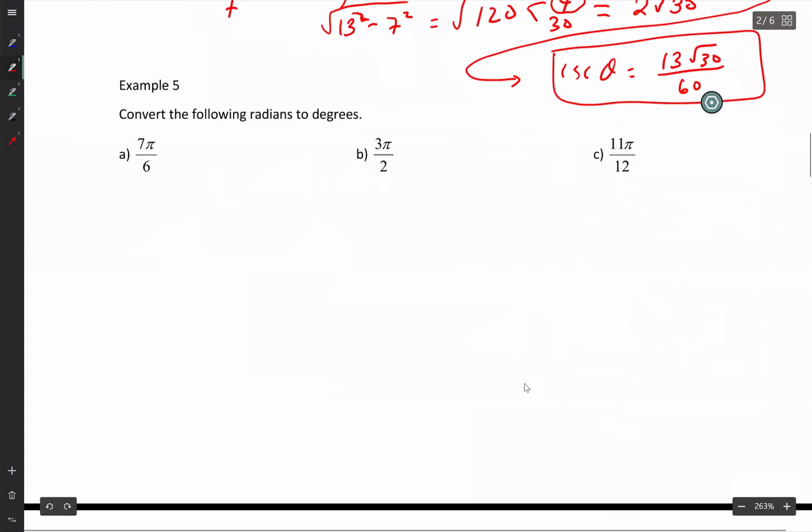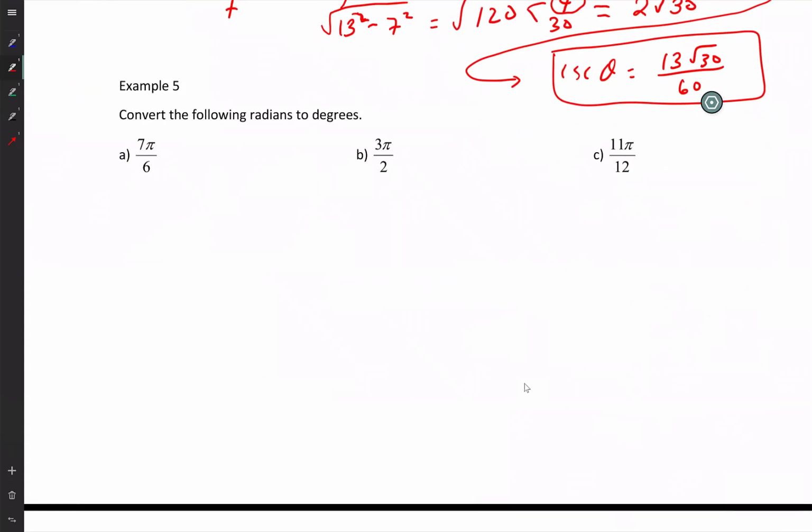All right, example 5. These are pretty basic. Convert the following radians to degrees. Just multiply by 180 over pi. And when you do that, well, you guys already know this one. 7 pi over 6 is 210 degrees. And then 3 pi over 2 times 180 over pi is going to be 270 degrees.